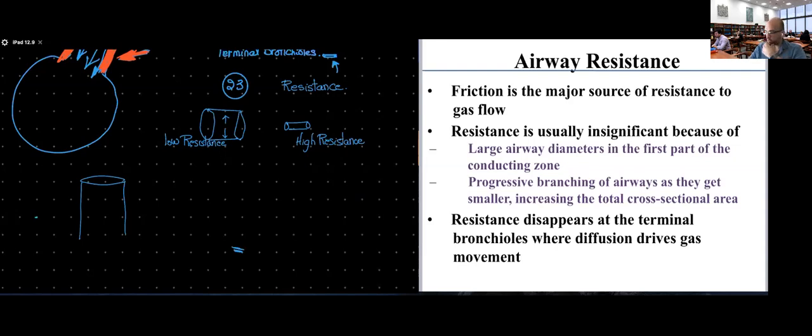So traveling here from a large diameter into this small diameter, would I be facing a high resistance or a low resistance? High resistance, higher resistance.